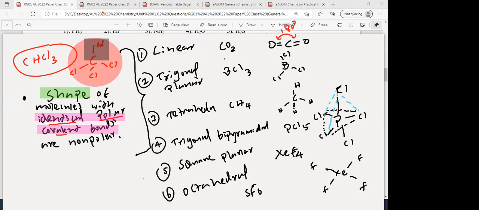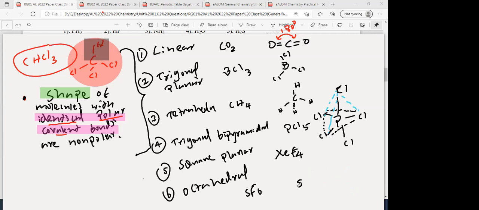Then octahedral, I gave SF6, sulfur hexafluoride. Someone asked about that octahedral. The example is SF6. I'll draw this one if you want. SF6 looks like this.